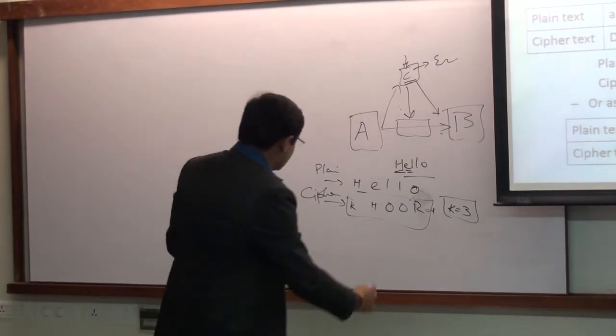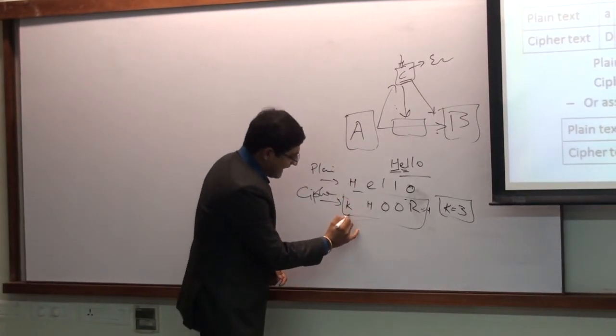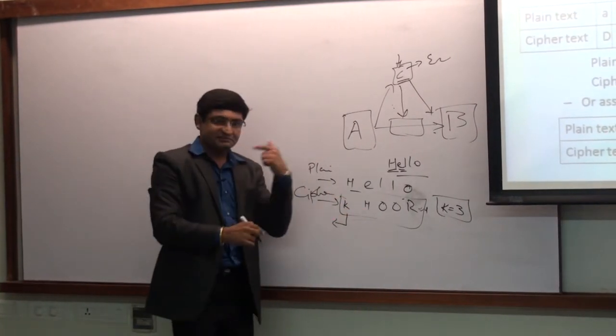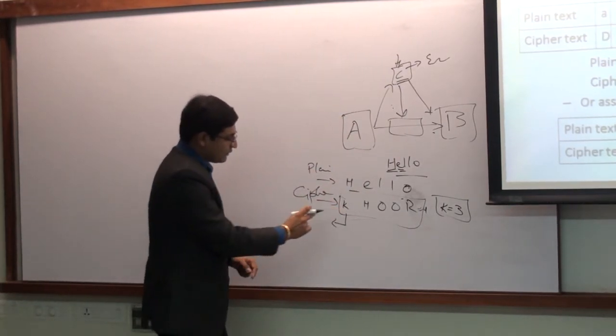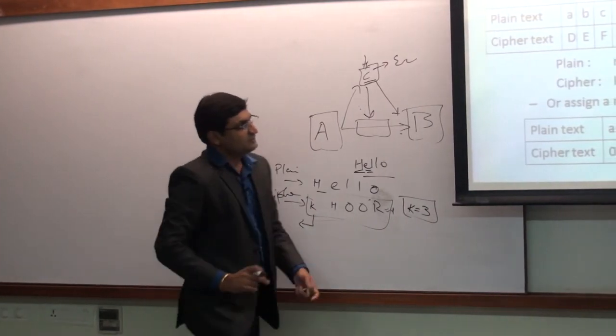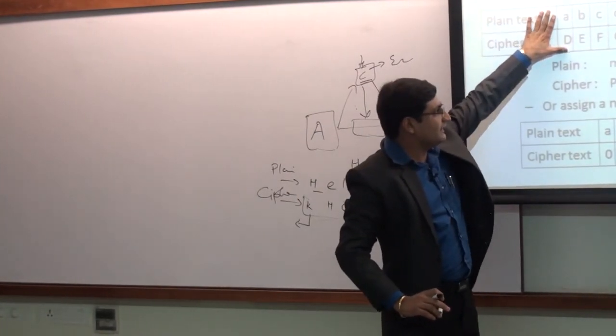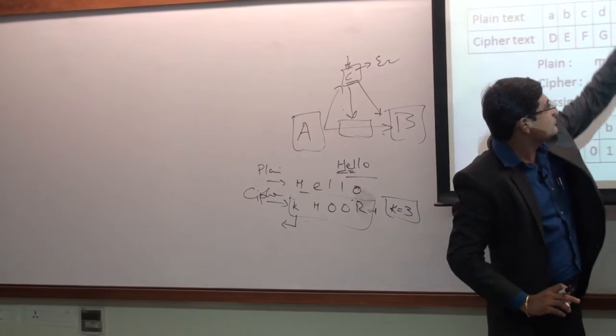So now I am just going to shift it back three places in my alphabet. I will find the corresponding letter for K. If I use this table again, I just need to go from bottom to top.